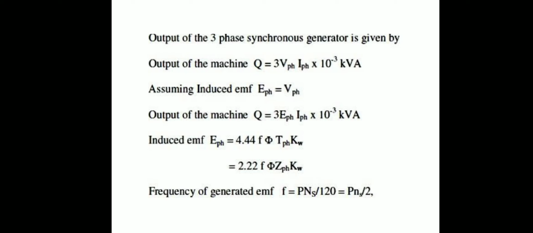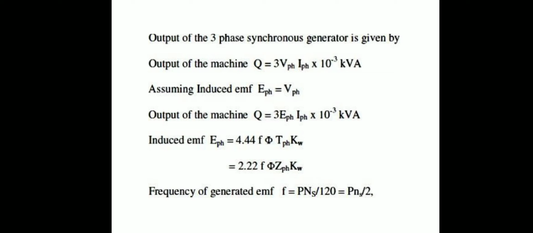Now, as we all know, the output of a three-phase synchronous generator is given by Q equal to 3 VPH IPH into 10 raised to power minus 3 kVA. Assuming induced EMF EPH is equal to VPH, the output of the machine is Q equal to 3 EPH IPH into 10 raised to power minus 3 kVA.